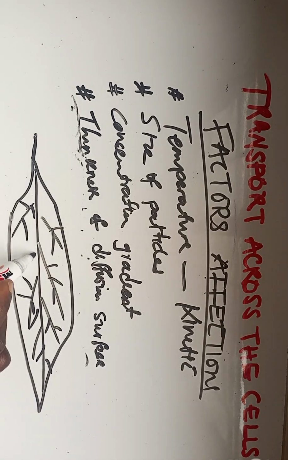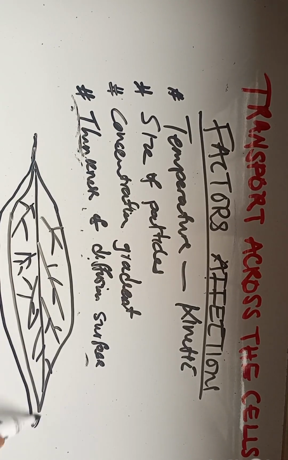Okay, so on this one we'll find that because this surface area is large, and here maybe it has a thicker line, meaning because this one is bigger and thick, the diffusion rate will be high.